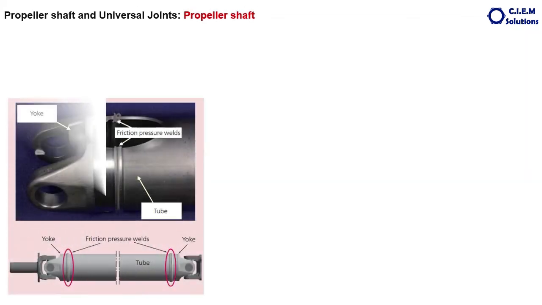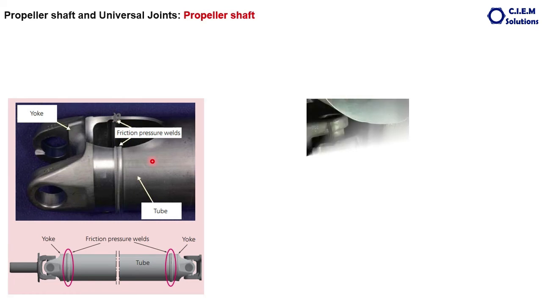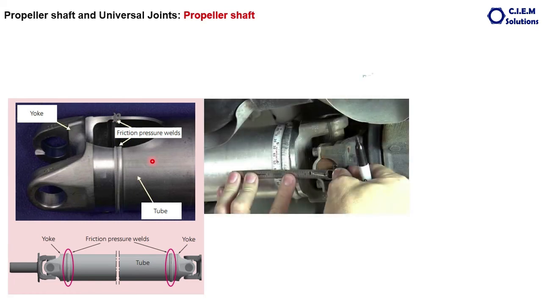And another important parameter of the propeller shaft is the quality of the welding process in joining the yoke and the tube. A special process is adopted in welding the universal joint with yokes. And another one is the balancing of the propeller shaft.